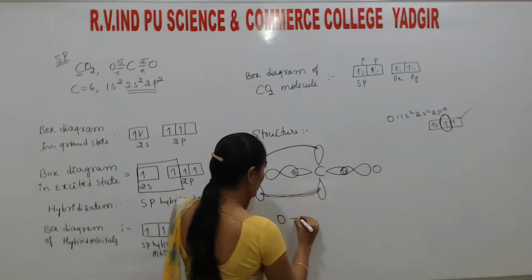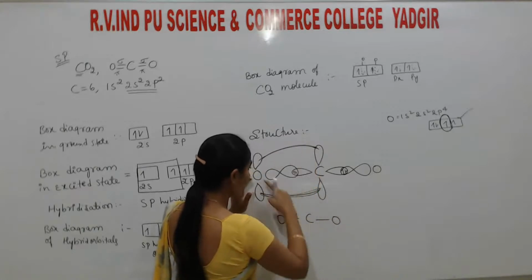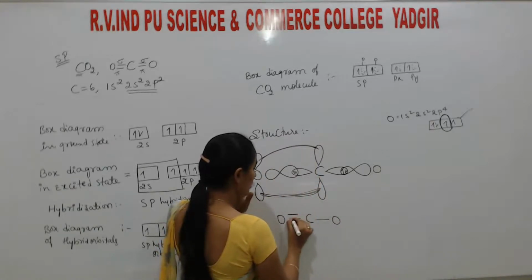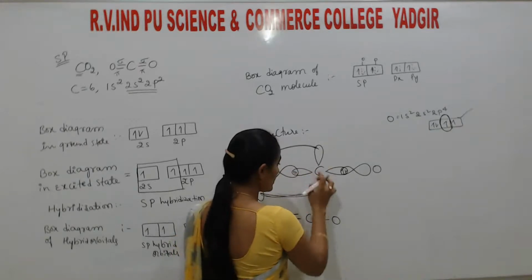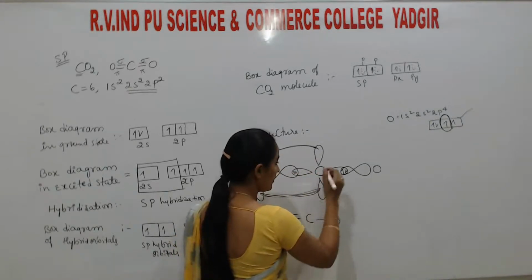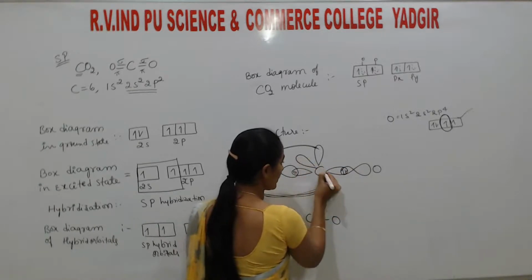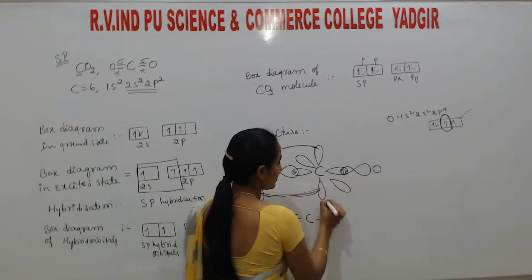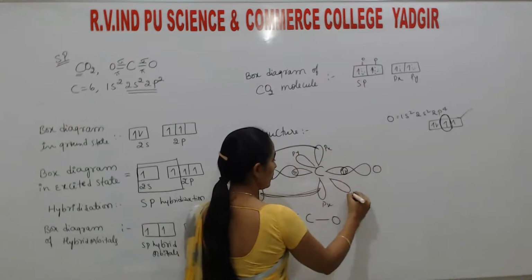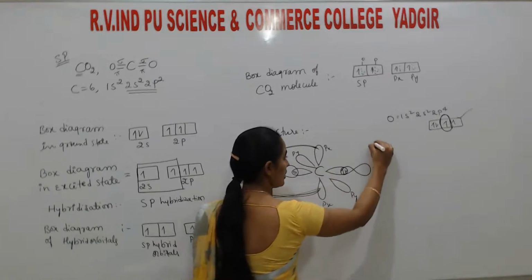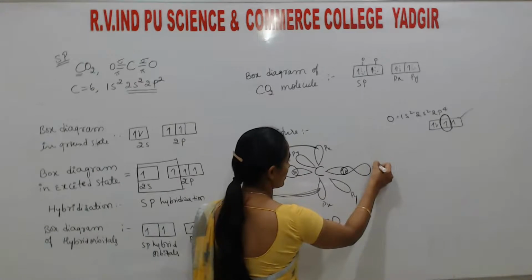This is the single bond, C single bond O. Now here one bond is formed like this. Next, of course, this is the x orbital. If we consider px and py orbitals, we consider like this. So assume this one is px, this one is py. So this is another orbital of oxygen.